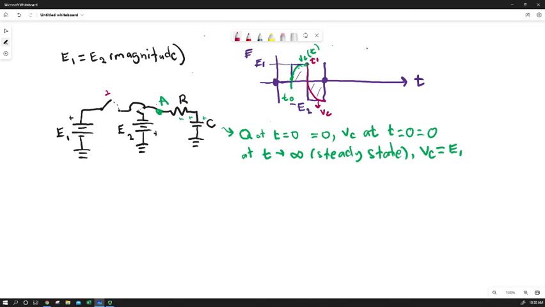So we're really looking at the difference between a single voltage step of whatever magnitude to a square wave with an amplitude that's twice that of the voltage step. So basically from here to here is 2E, which is equal to 2E1 equals 2E2.